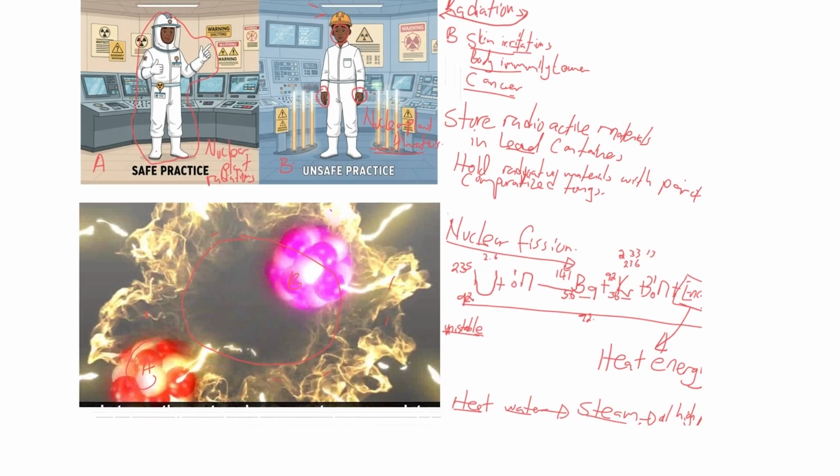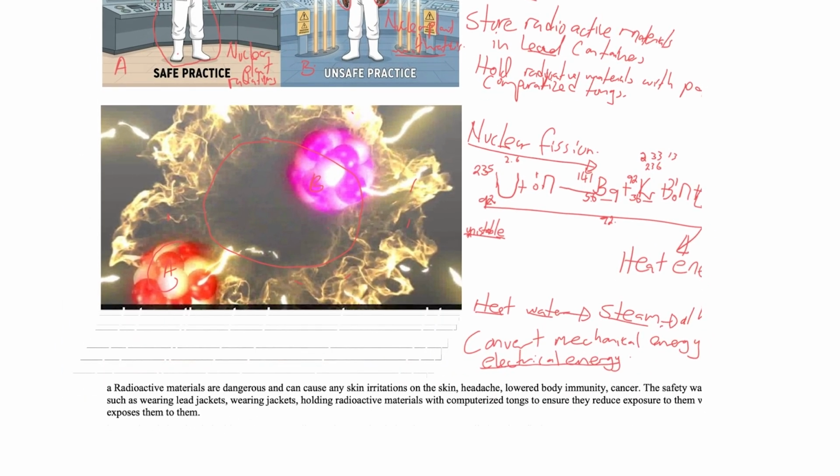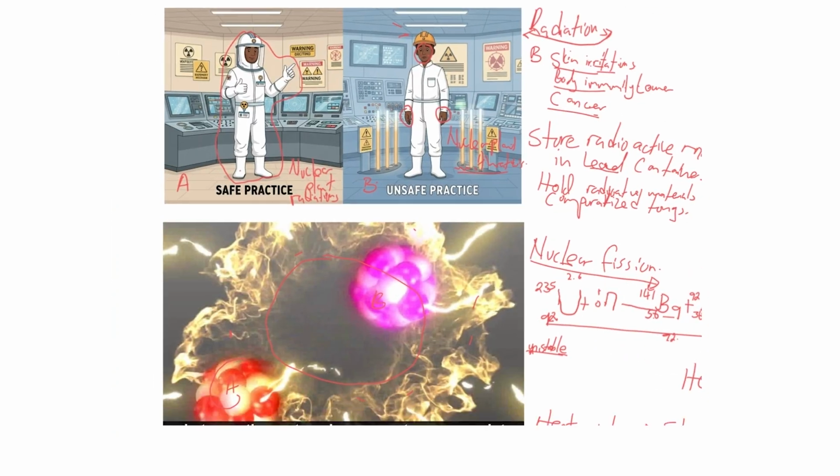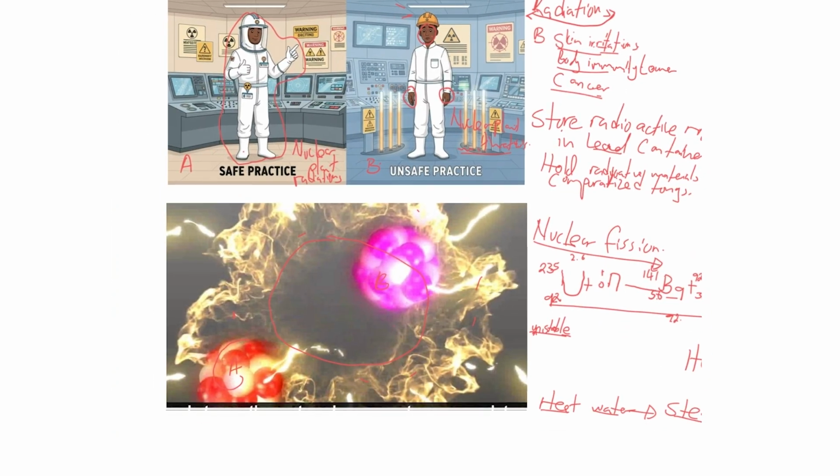Now we assume that this was 1 kilogram. 1 kilogram is 1,000 grams. It will take 2 weeks to decay to half. The half of this 1,000 is 500 grams.